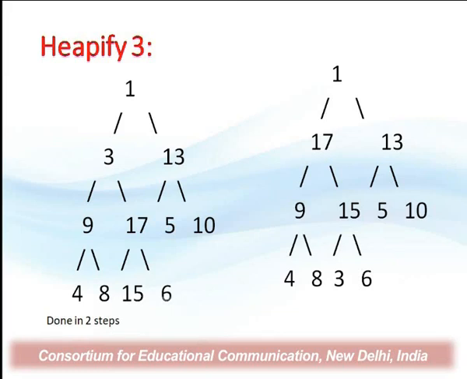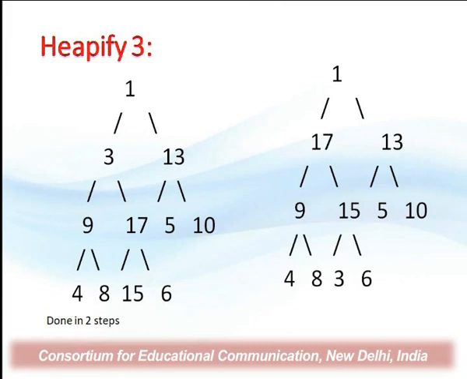Now we have 3, 15 and 6. In order to heapify 3 at its new position, we need to shift 15 to the position of 3 and 3 to the position of 15. We need to swap them. So this can be done in two steps.